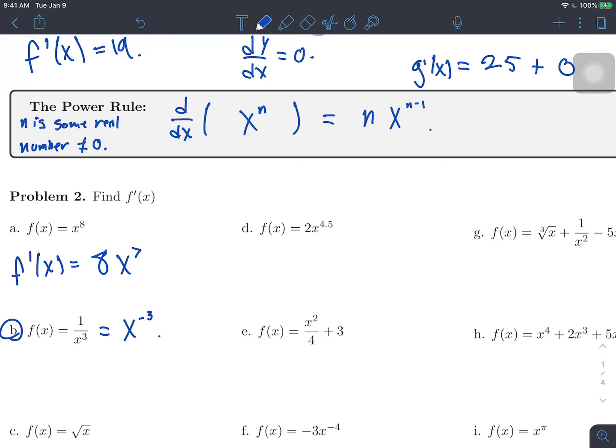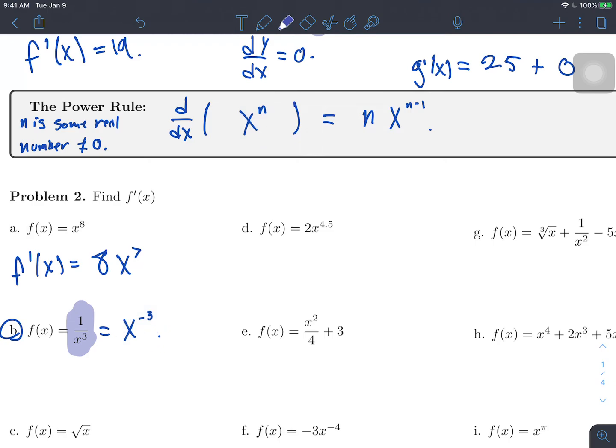What I have here, highlighted in blue, is not a function which looks like x to the power n unless I write it in this way. And having this -3 power is going to present us with a difference in our derivative, okay?